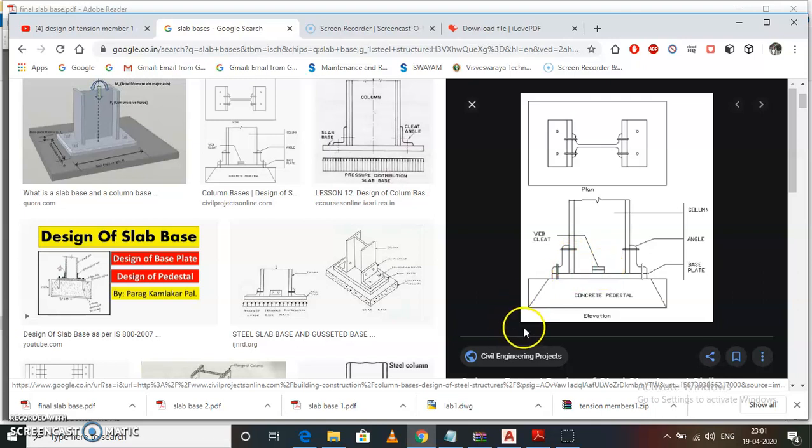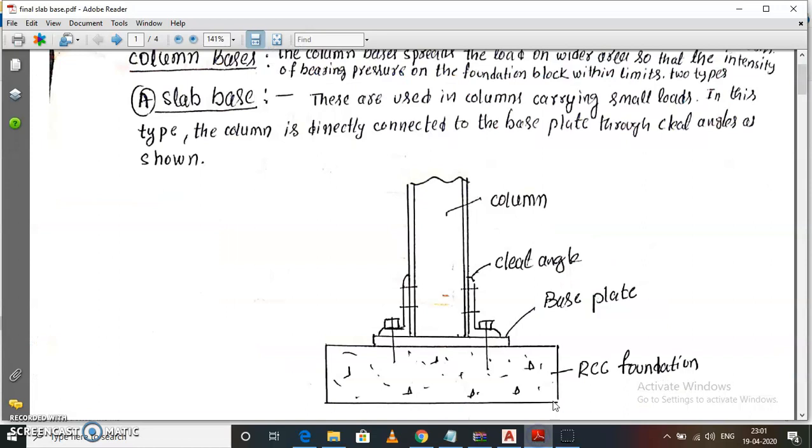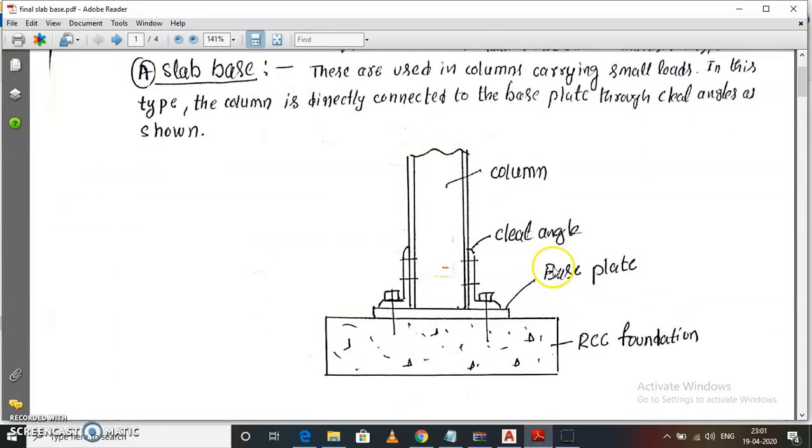Therefore, the process of design of column bases involves deciding the dimensions of the foundations as well as its depth. First, we have to decide the dimensions, breadth and depth of the RCC foundation based on the SBC of the soil. Then we have to decide the dimensions of the base plate based on the allowable stresses on the concrete.